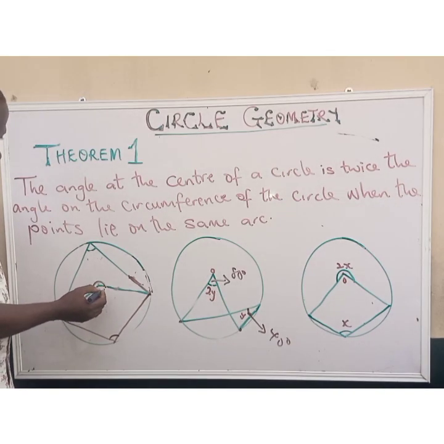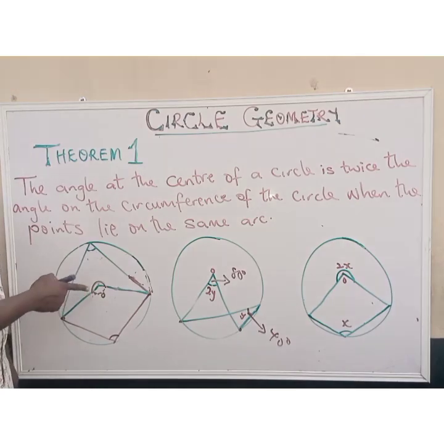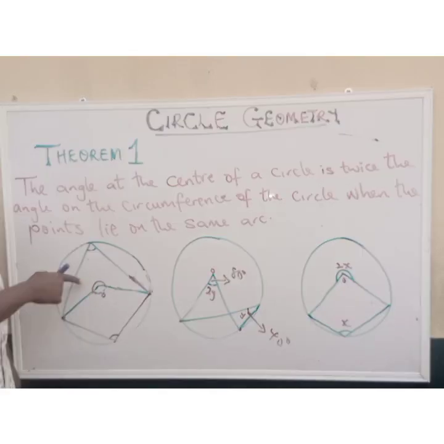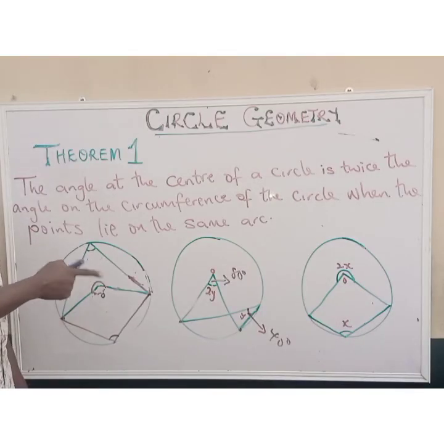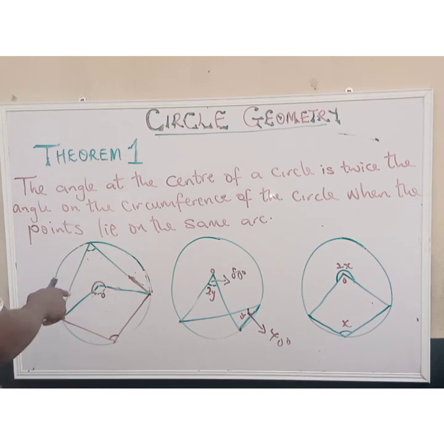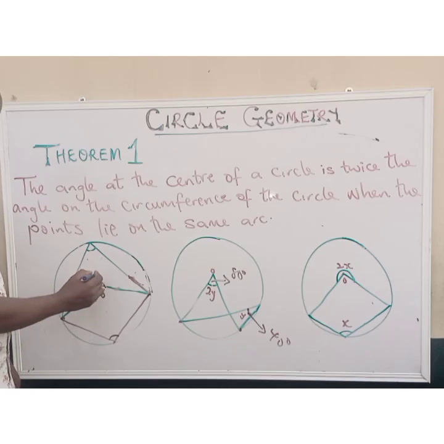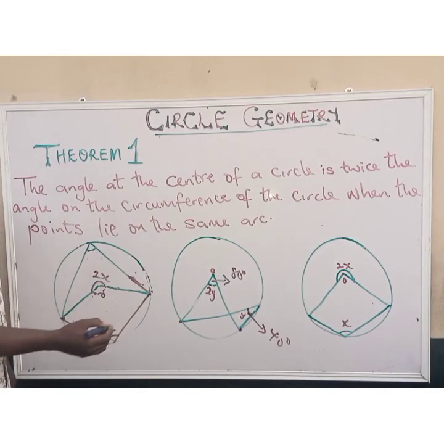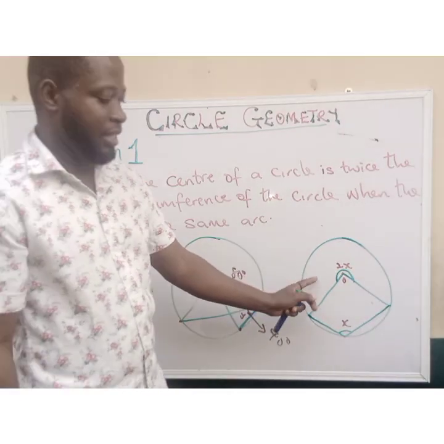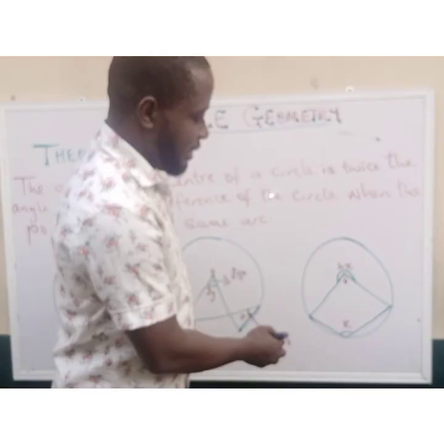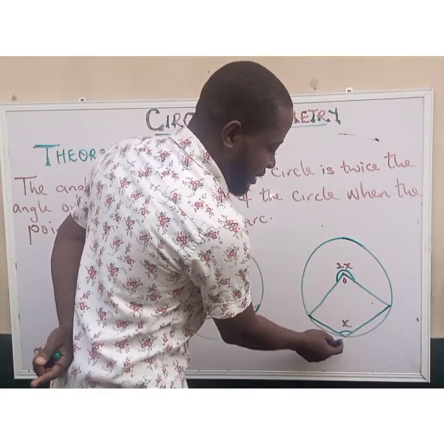So this is going to be your point O. So the angle here will be the what? The angle at the center. And don't forget, the angle at the center is twice the angle at the what? Circumference. So if this is 2x, this is going to be x. So that is what we are going to explain here. Now this is the angle that touches the circumference.